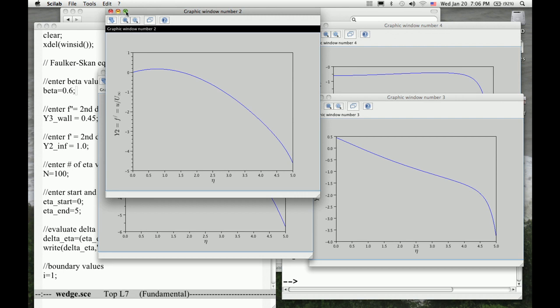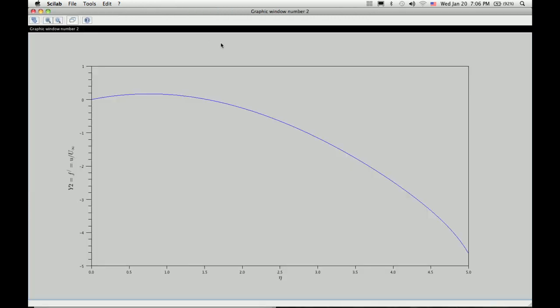If you see this, so this is u by u infinity, which is the f dash, isn't it? I hope it is not too light, you can see that. So we get a curve like this. So eta is on the x-axis, and f dash or y2 or u by u infinity is on the perpendicular axis, and this is what it looks like.